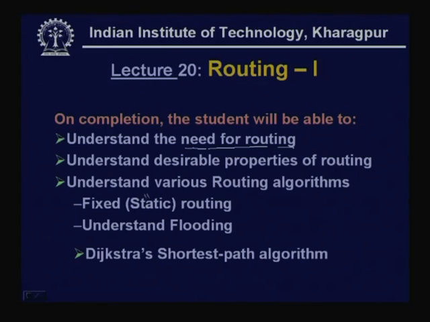Then they will understand various routing algorithms such as fixed routing and flooding, and also, as I mentioned, the shortest path algorithm, and they will be able to find a shortest path from a particular source to a destination in a switched communication network based on this algorithm.